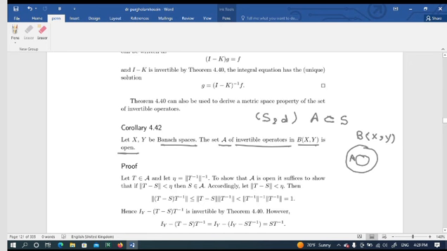Then A, the subset of B(X, Y), is open. So A is an open set in B(X, Y).